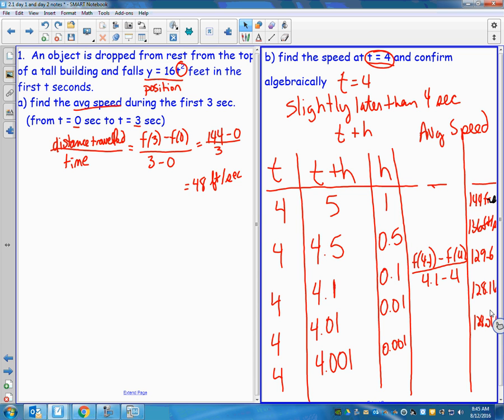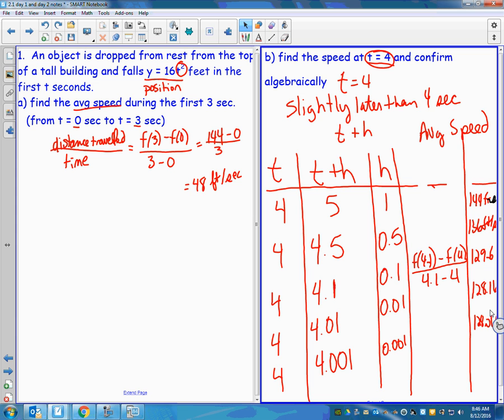What do you notice as I get closer and closer to 4? What's happening to the H value? Keeps getting smaller. This is getting closer and closer to 0. Do you think if I picked 4.000000001, this number is going to change very much? No, it's going to stay about the same, which is one way that you can approximate instantaneous speed: you can just pick values close to it and you start approaching a number.